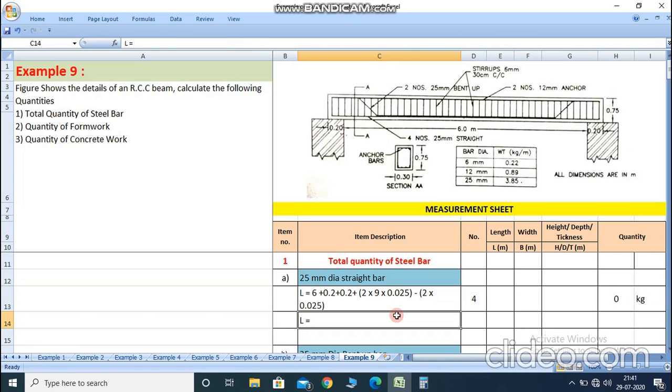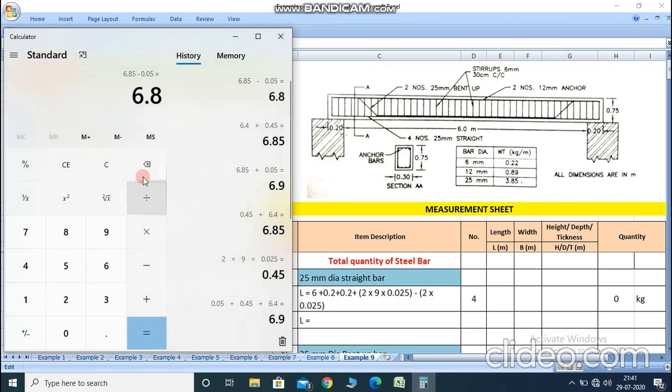Now the total length of the 25 mm diameter straight bar we calculate using the calculator. Here 6 plus 0.2 plus 0.2 is 6.4.